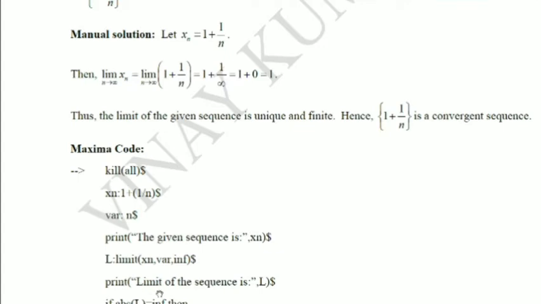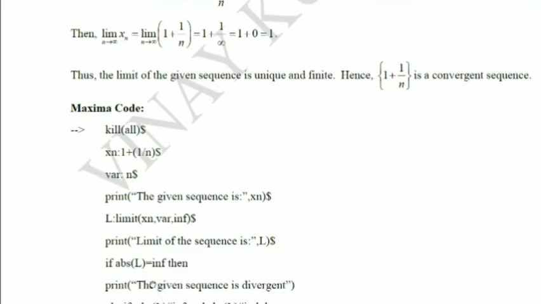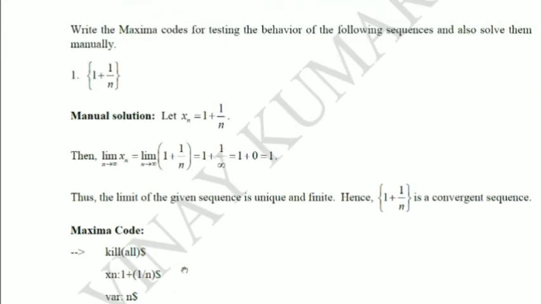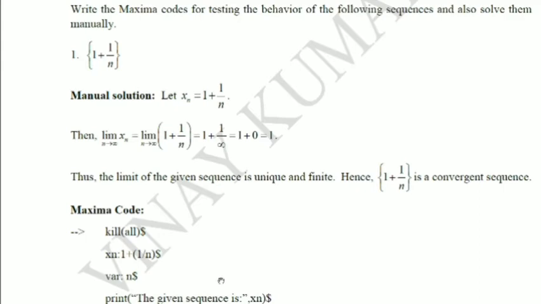Now I just want to verify whether the given sequence is convergent, divergent or oscillatory. So to check the behavior, we'll consider if absolute value of L is equal to infinity. When you put absolute value, you don't have to worry about plus infinity or minus infinity, so you don't have to worry about signs.